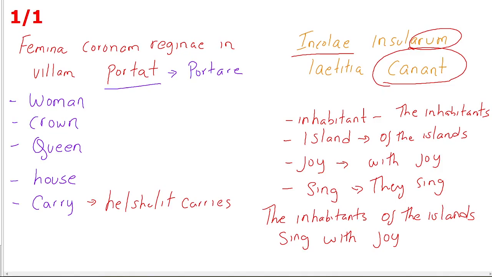Then let's now go to the subject. What is the subject here? Woman. So it would be singular. Since the verb is singular, the noun also has to be singular. So the woman. Now coronam.